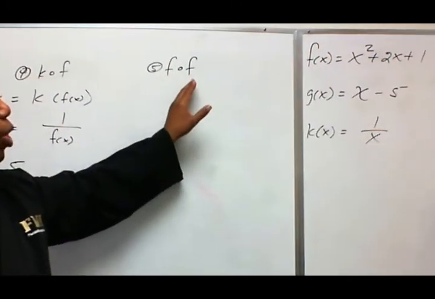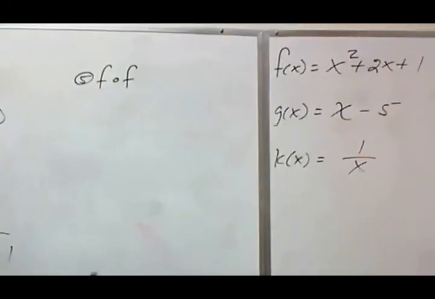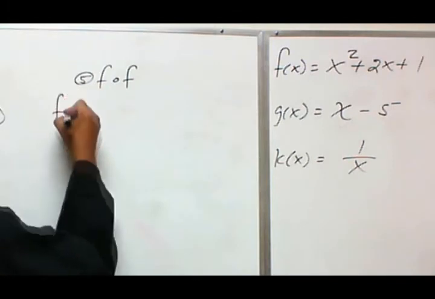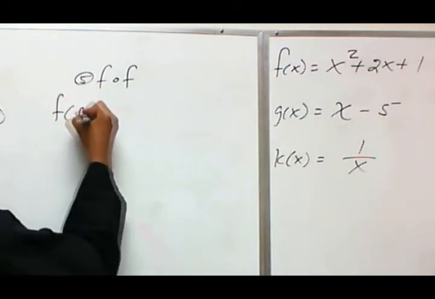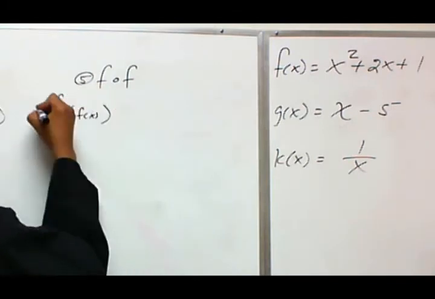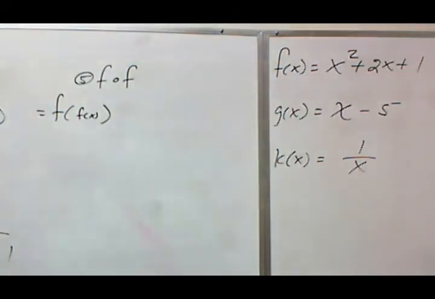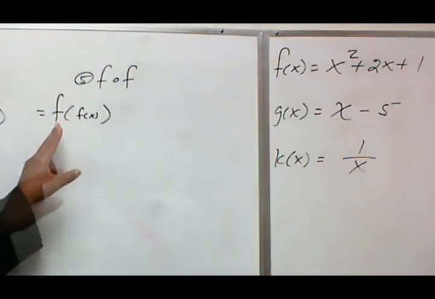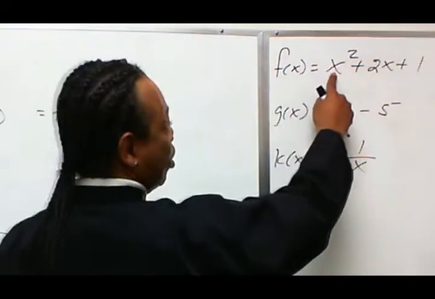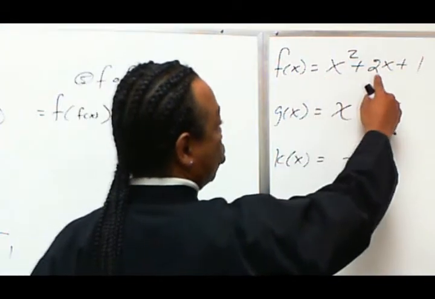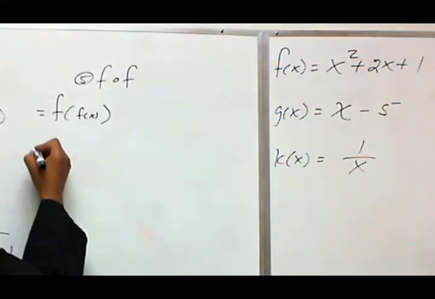Next, f composed with f. This means that our outer function is f and our inner function is f. Okay. The outer function is input squared plus 2 times the input plus 1.